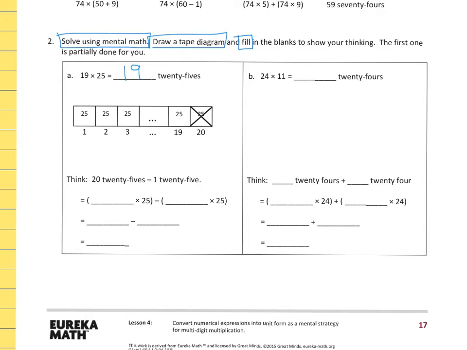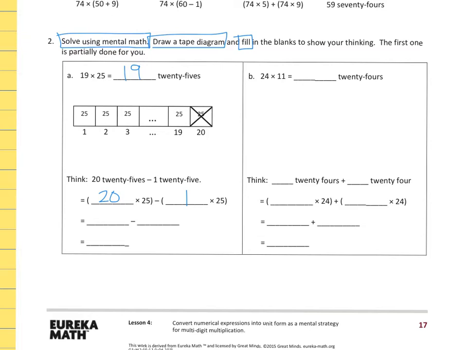So let's think. We started off with 20 25s in our tape diagram, and then we're going to take away one 25 to do some mental math. Well, 20 25s is the same thing as saying 20 times 25. And then we're going to take away 1 25 to be our answer for 19 25s.